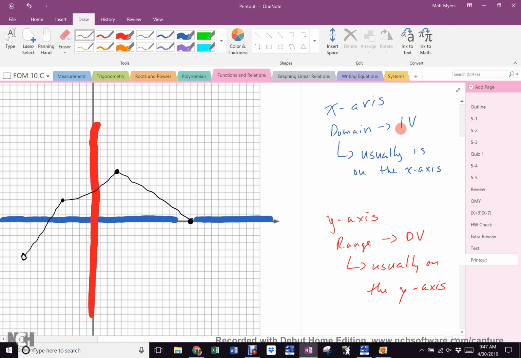Okay. So now we can see that this black line covers a certain part of the x-axis, doesn't it? Right? Now, is there any data that way that's an x value? From there down, is there? No. So what's the very first x or domain value that we have? Is it positive or negative?